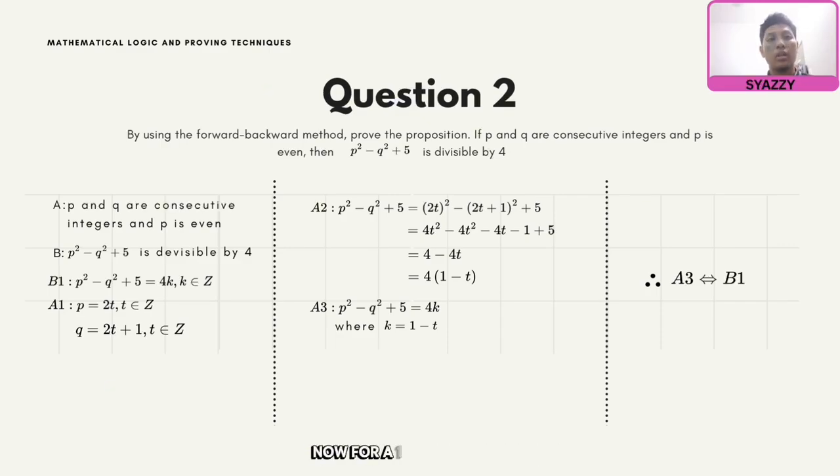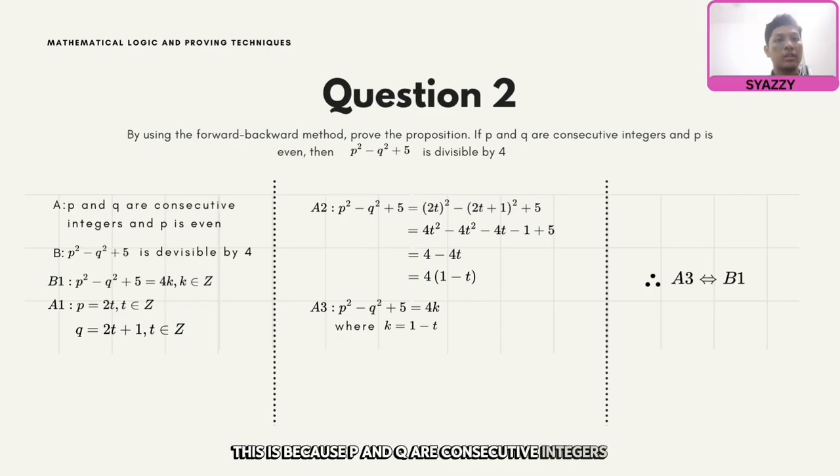Now for A1, p is equal to 2t because it uses the formula for even integers, and q is equal to 2t plus 1, which uses the formula for odd. This is because p and q are consecutive integers, so that means if p is even, then q must be the opposite, which is odd.